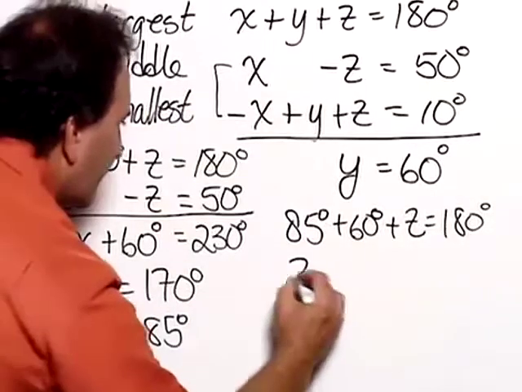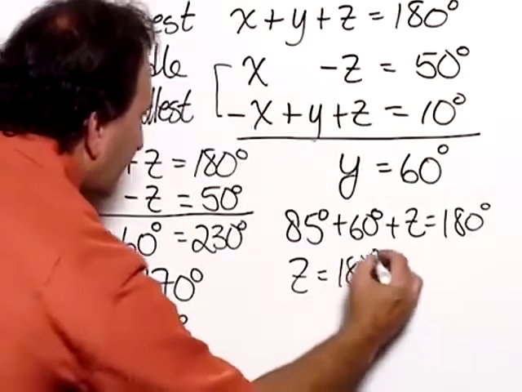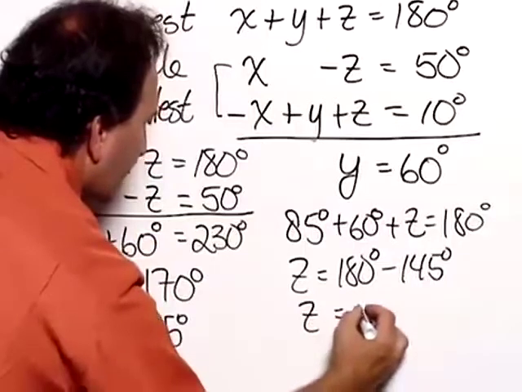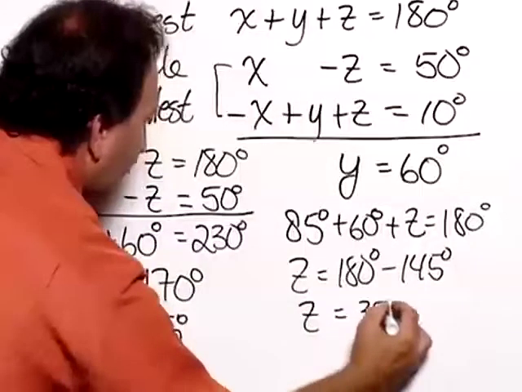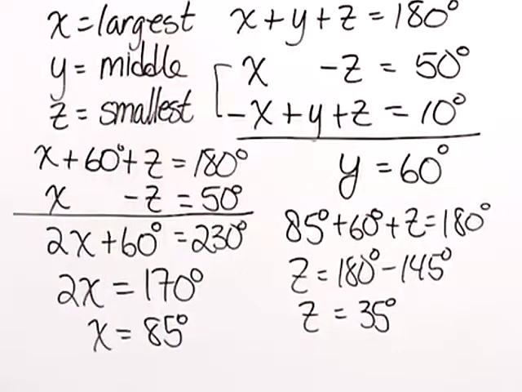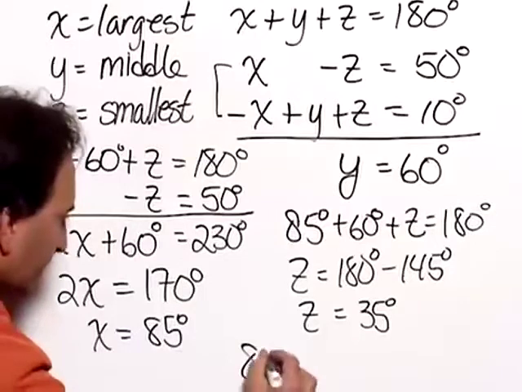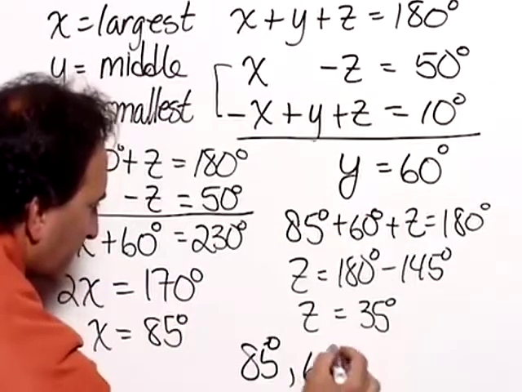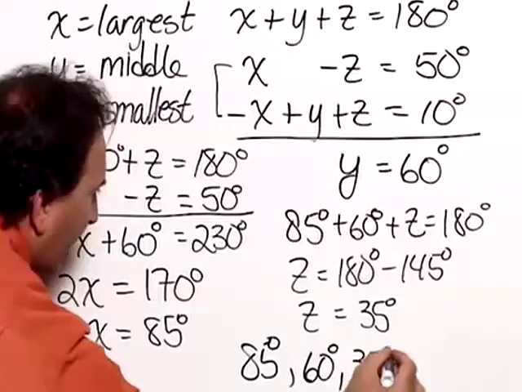So z would equal 180 minus 145. So z is equal to 35 degrees. And so our three angles are equal to 85 degrees, 60 degrees, and 35 degrees.